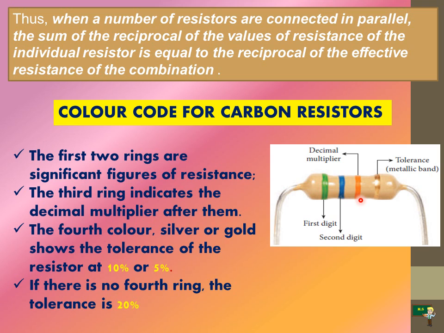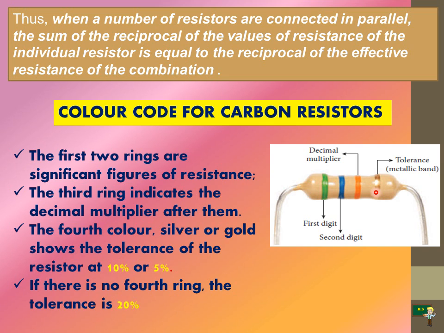The third ring indicates the decimal multiplier. And the fourth color, which is silver or gold, shows the tolerance of the resistor, which is 10% or 5%. What do you mean by tolerance?